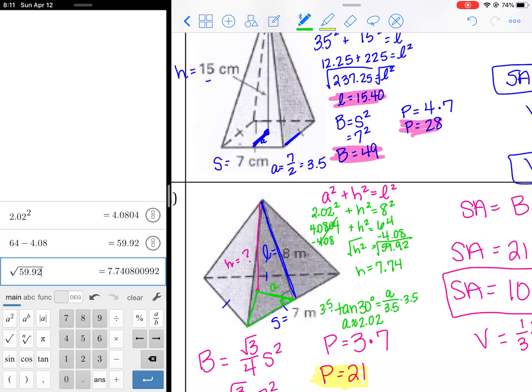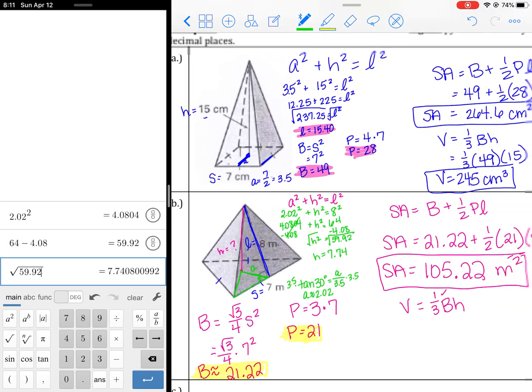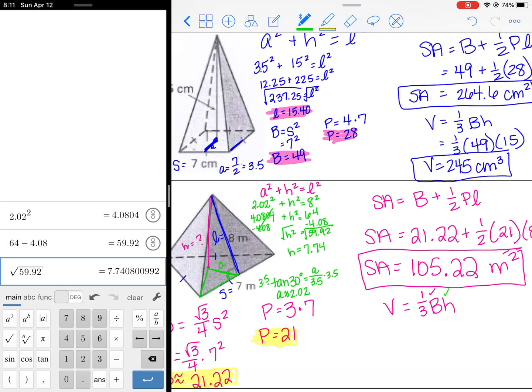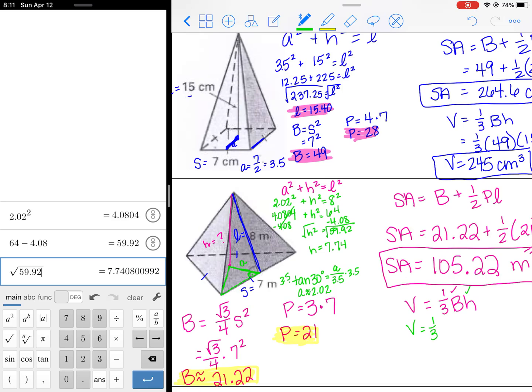All right, so we're going to use that in our formula now. Now I have enough to do my volume. So the volume is going to equal 1/3 times the area of the base, which we found earlier to be 21.22, times our height, which we just found was 7.74.